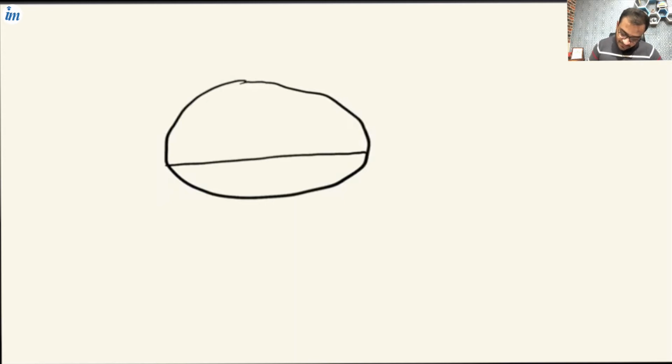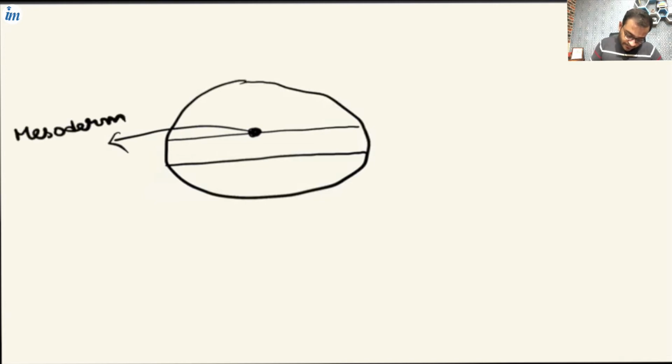The first one to develop was the endoderm. The second one was the mesoderm, or when we say the notochord has to get formed, then we say paraxial mesoderm or mesoblast. And third, from its proliferation, we say ectoderm.